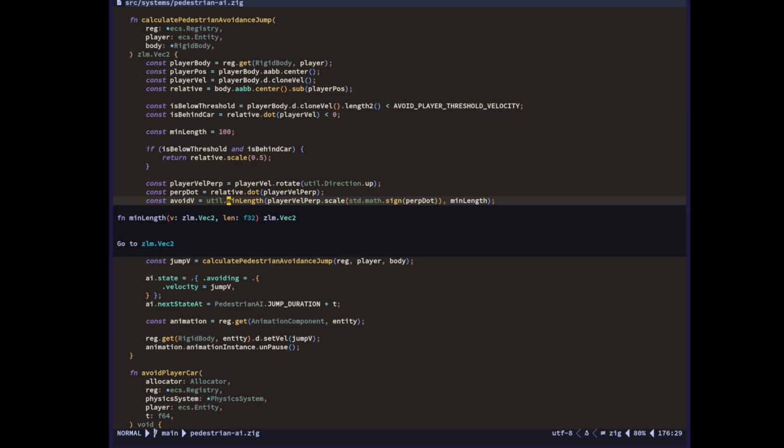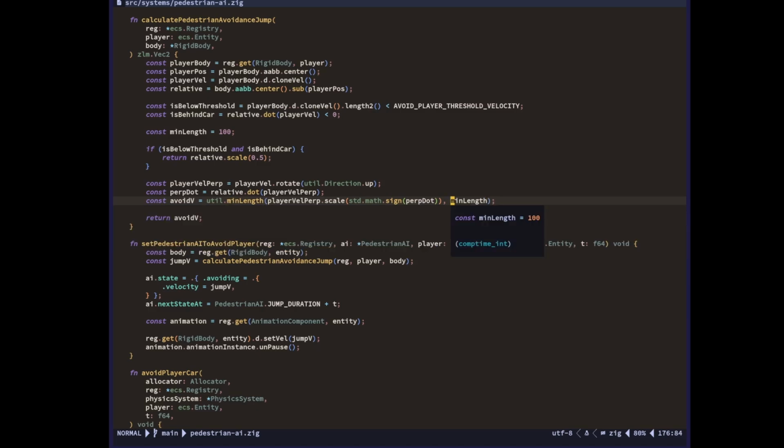What this one does is basically you supply a vector and a length, which is the minimum length, and it will produce a vector that has minimum length of that length. So if you have a vector of length 10, and since we put in 100 here, that will be scaled up to a length of 100.